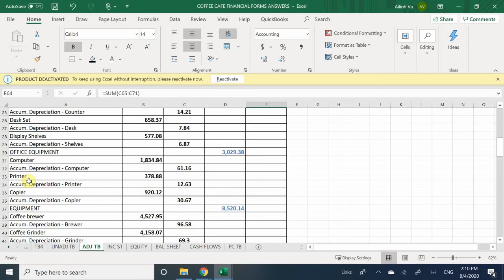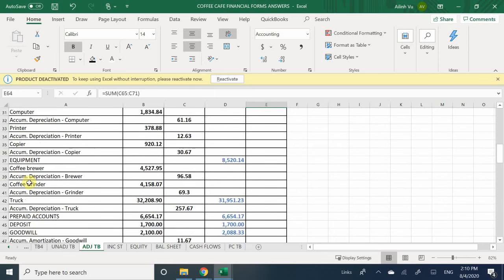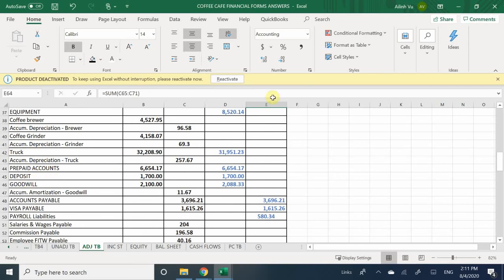So the main account is goodwill. This is just us showing the sum of what goodwill is, but it also includes the goodwill amortization expense.